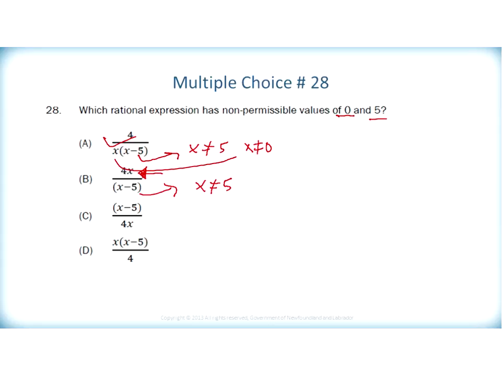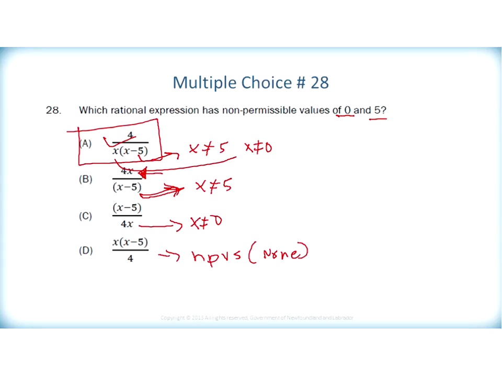We're concerned with the denominator in the second rational expression, but in this case, it's not included. Here the NPV is going to be x cannot equal 0. And here there are no NPVs. And so we have our answer being A.